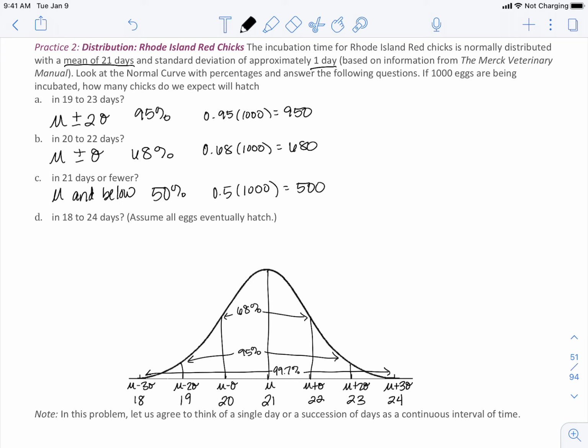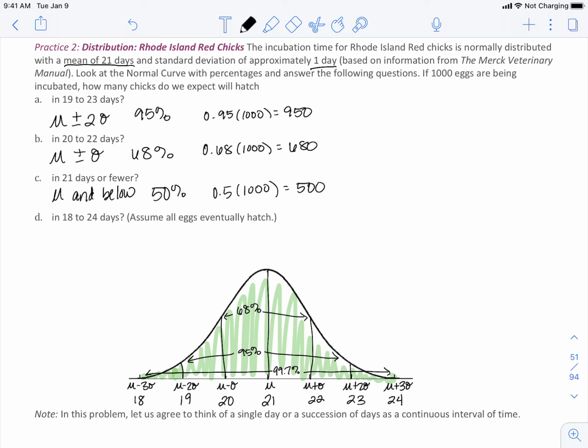Last one I would like you to do also, 18 to 24 days, assuming all eggs eventually hatch. If we're talking 18 to 24 days, we're going from here all the way through up to here.